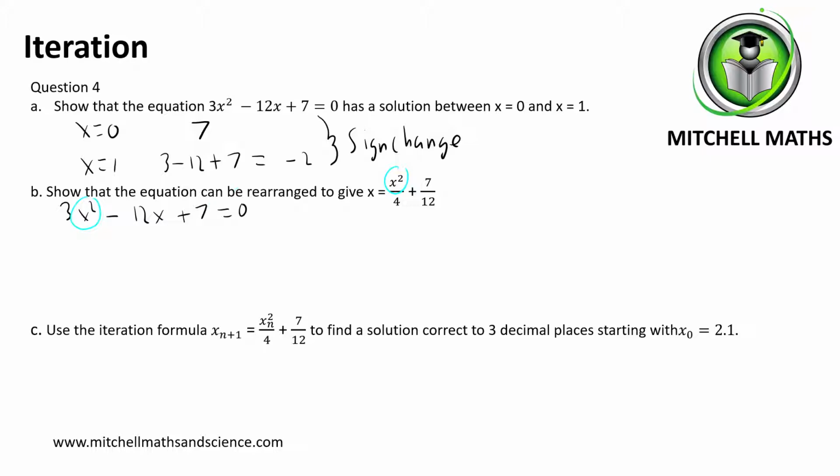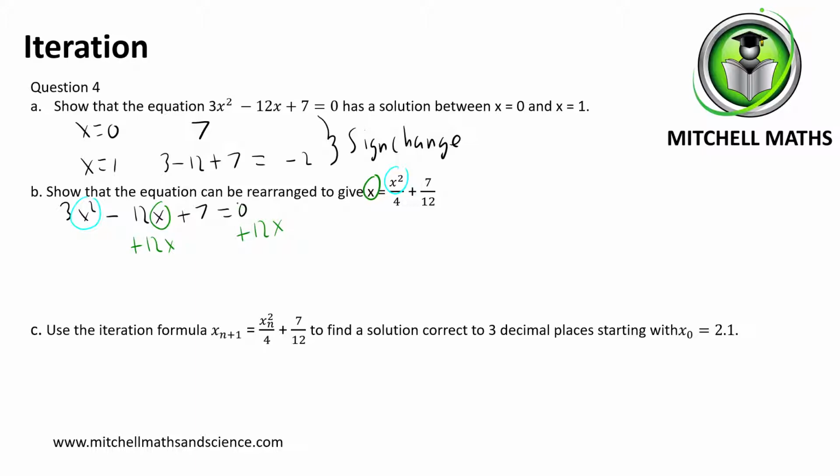But what we can see is that this x here is on its own, so we're sort of making this x the subject. And what I noticed first of all is that it's negative, so I'm going to make it positive by adding it to the other side. So I'm going to plus 12x to both sides.